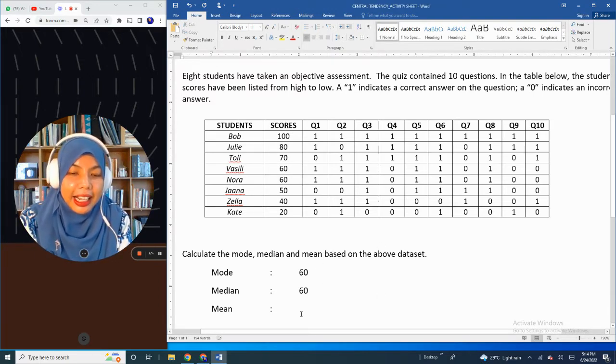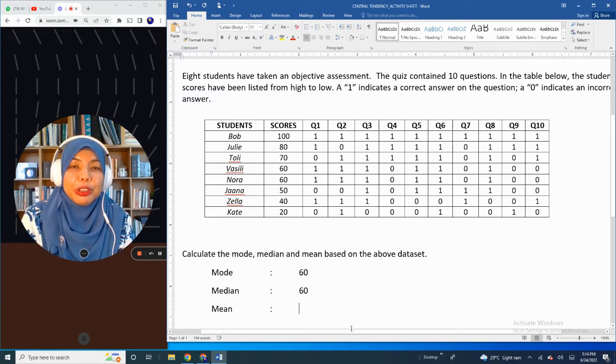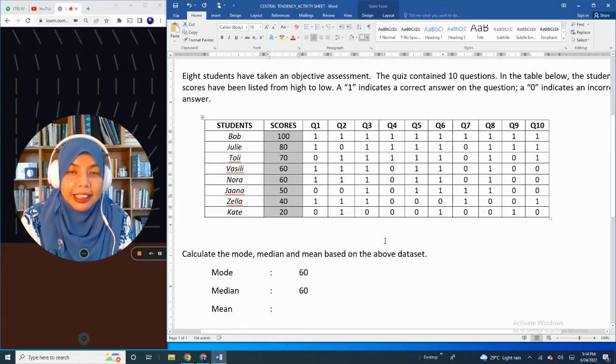Okay, and as for the mean, how do we go about finding the mean? All you need to do is total up these scores, and you'll get one value, and after that you divide that sum by the number of students in the data set.